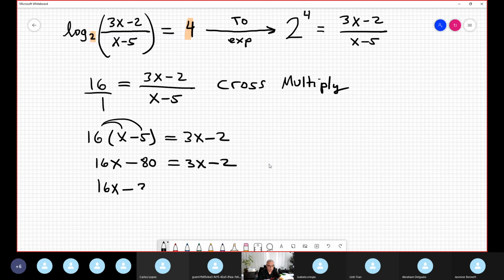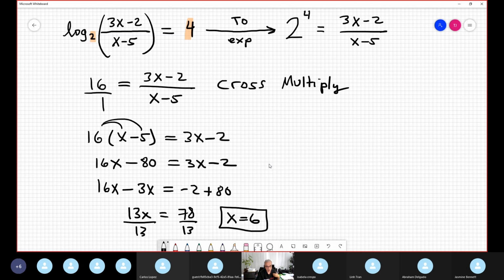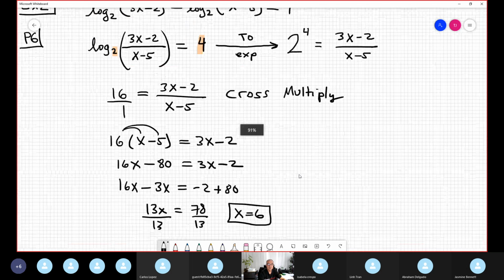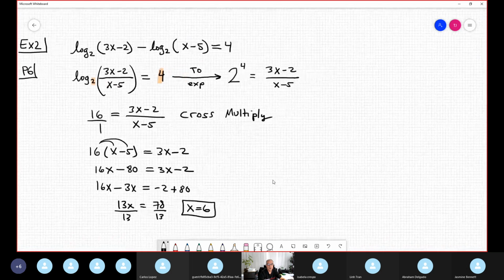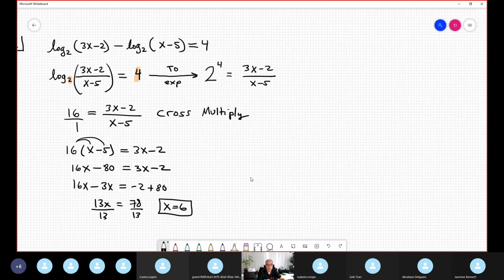16x minus 3x is equal to minus 2 plus 80. We have 13x equals 78. Divided by 13 on both sides, x will be 6. I need to check and see whether 6 works or doesn't work in my problem. Okay, I come back to the beginning, the original equation.